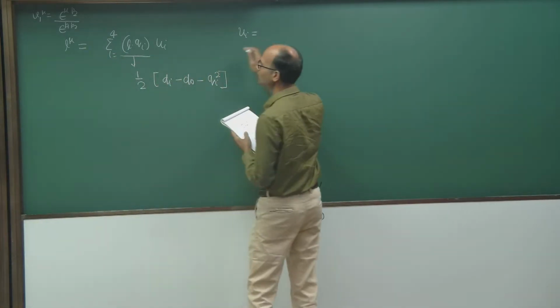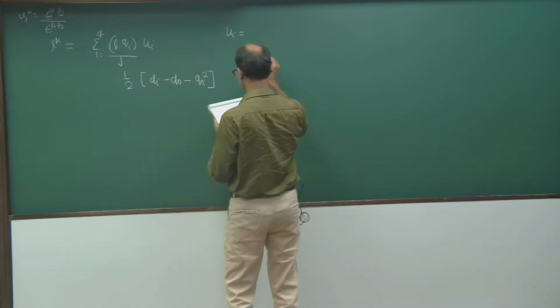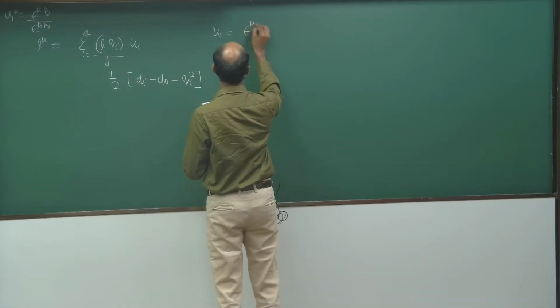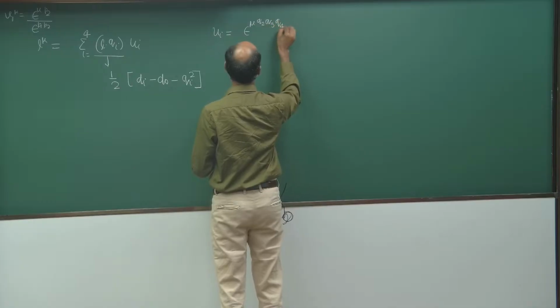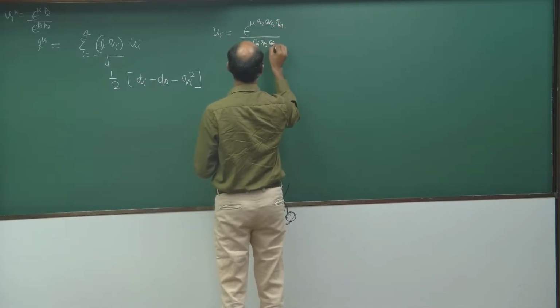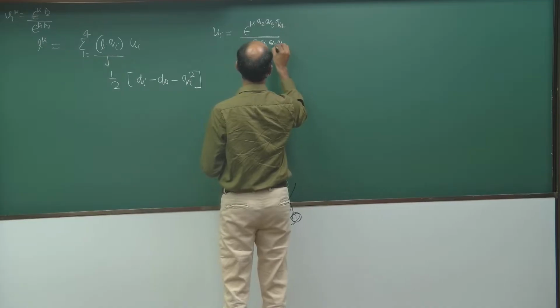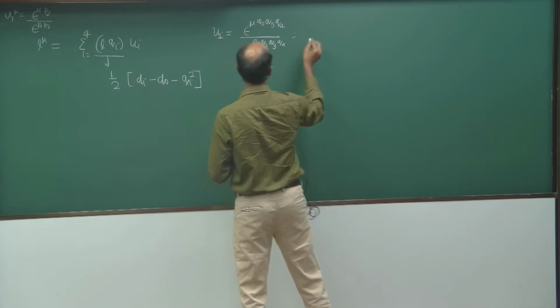I have 4 such dual vectors u_i, which are: u_1 is epsilon(mu, q_2, q_3, q_4) divided by epsilon(q_1, q_2, q_3, q_4).